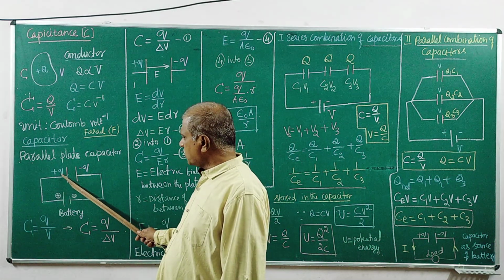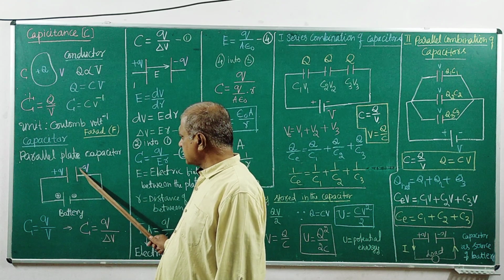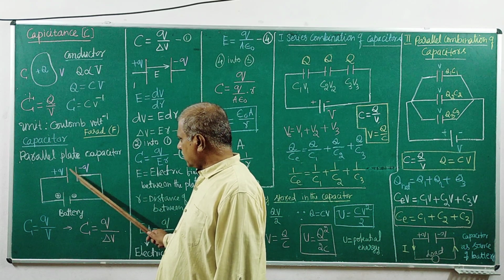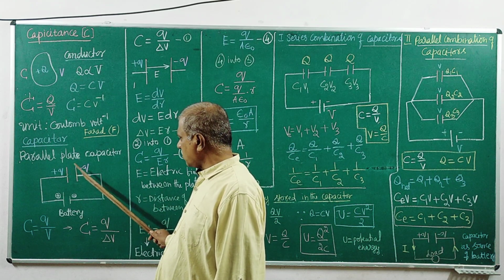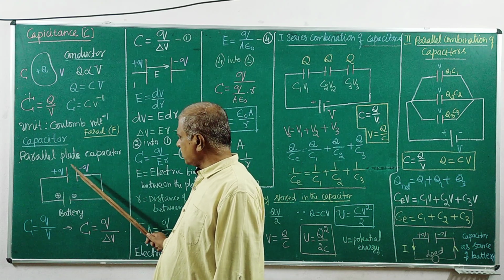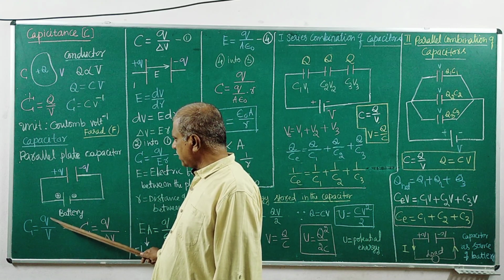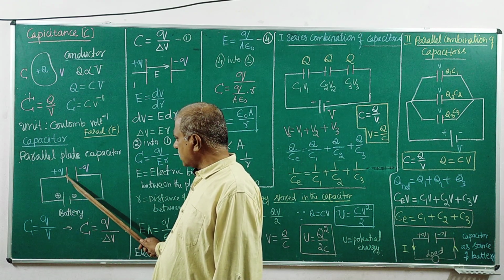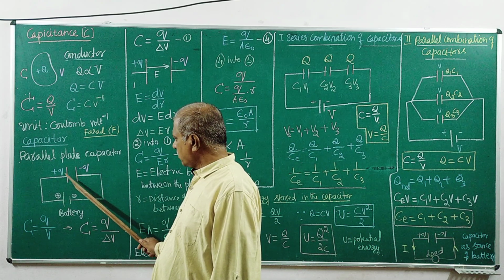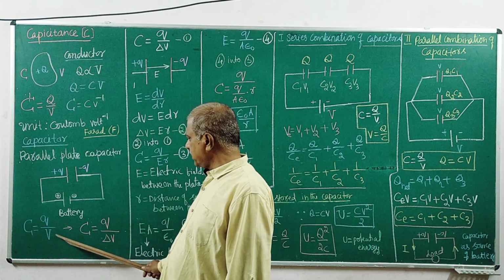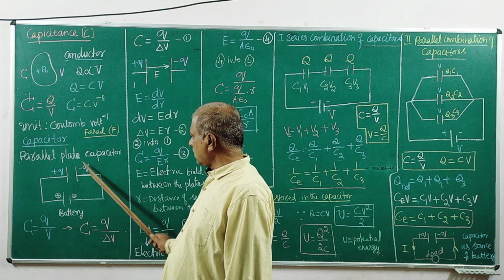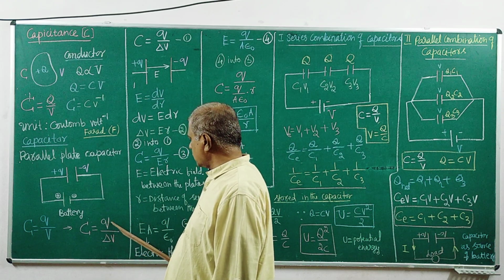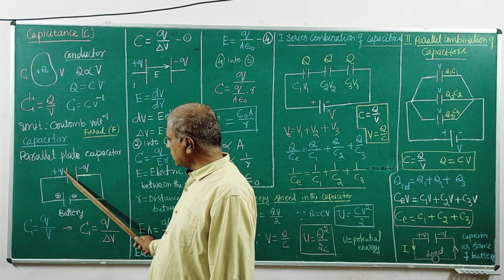Here the amount of charge accumulated is plus charge on one plate and minus charge on the other, the same amount. So the amount of charge accumulated on either plate, and the potential in the space, called the potential difference between these two plates, is delta V. So the capacitance of this capacitor is Q divided by delta V. What is Q? The amount of charge accumulated on this plate or on this one.